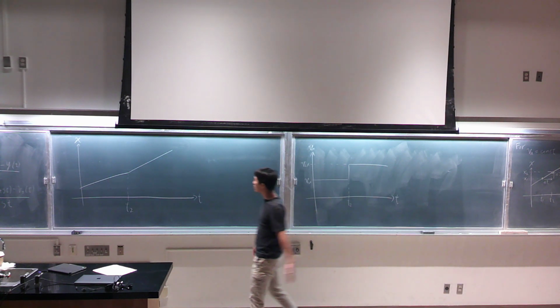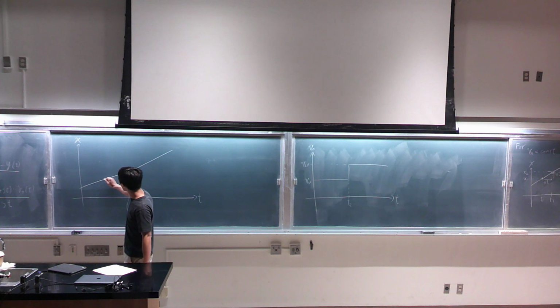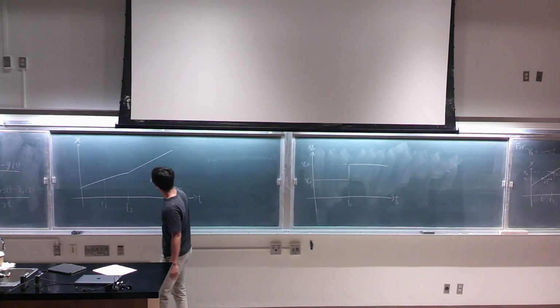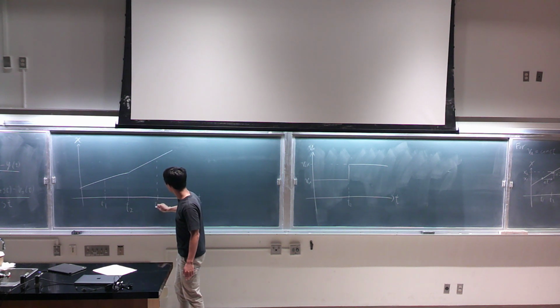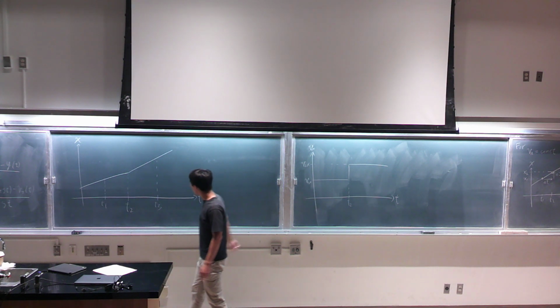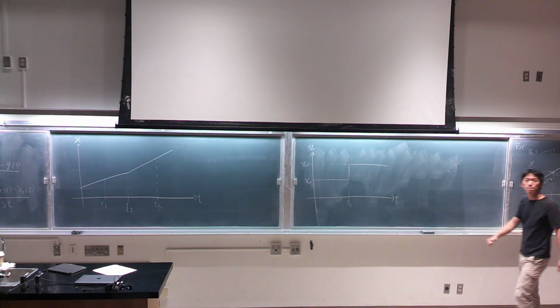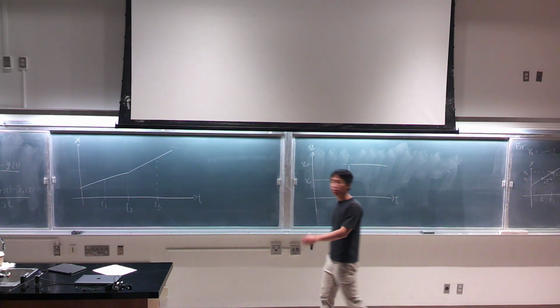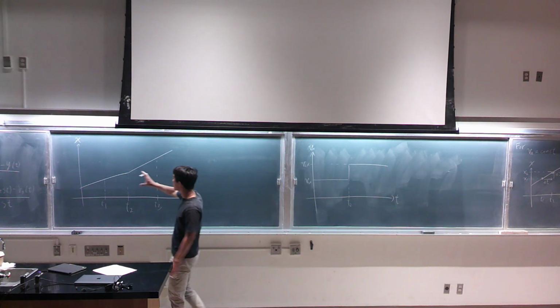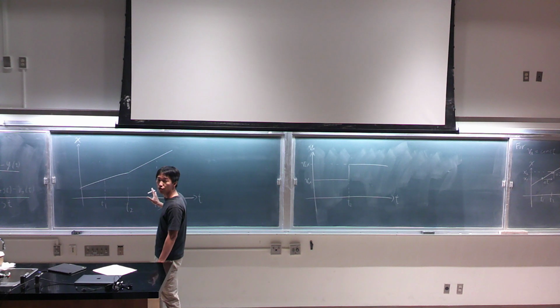If I want to ask what is the total displacement from t equals t1 to t3, I can no longer just use this simple formula because the velocity changed in the middle. What I'm going to do is to just separate this process into two parts.